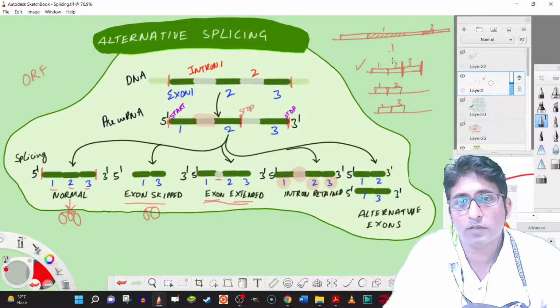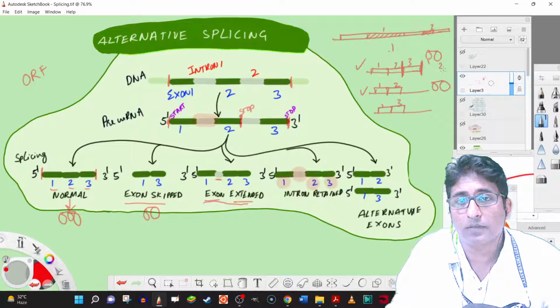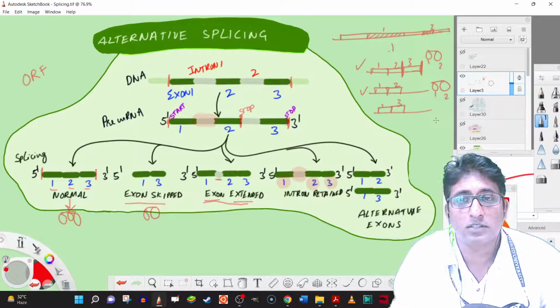So if the ribosome was translating, it would have given a protein with 2 domains, just for understanding. In the second scenario, translation will also produce a protein consisting of domains 1 and 2.